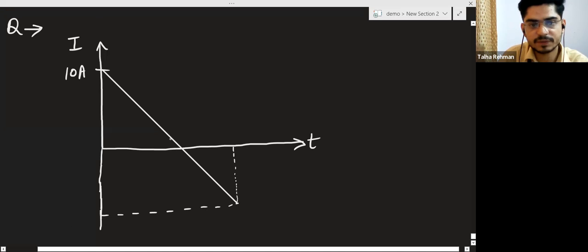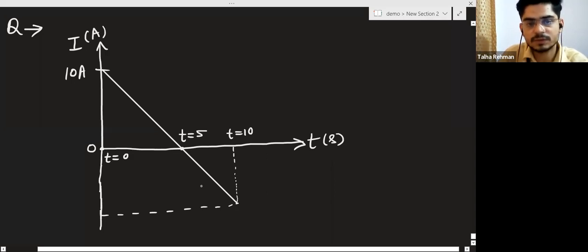A is for ampere. And this is the time axis, means on this axis we will get the values of time. Here t is equal to 0, this is the origin, you can say. Here t is equal to 5, and here t is equal to 10, and time is given in seconds. S is for seconds, and current is given in ampere. This is the graph.